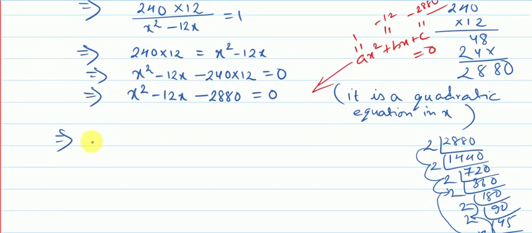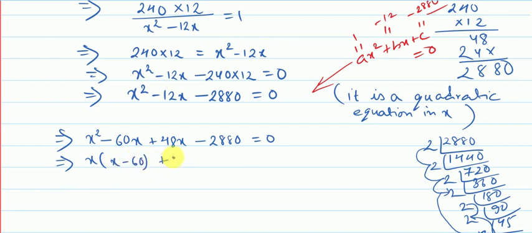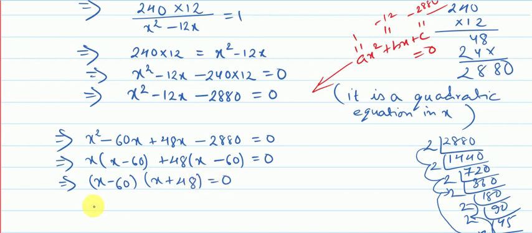So we'll write x square minus 60x plus 48x minus 2880 is equal to 0. So x common: x minus 60 plus 48 into x minus 60 is equal to 0. So we get x minus 60 and x plus 48 is equal to 0.